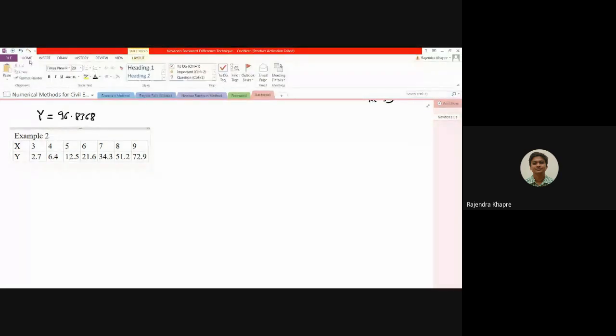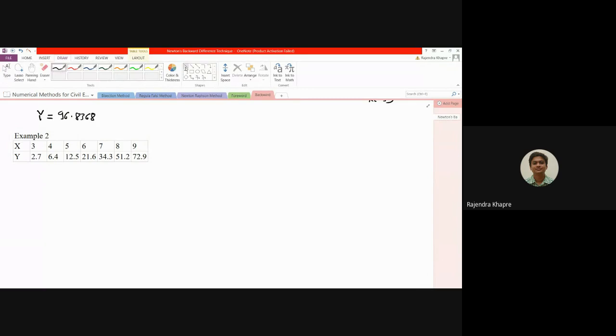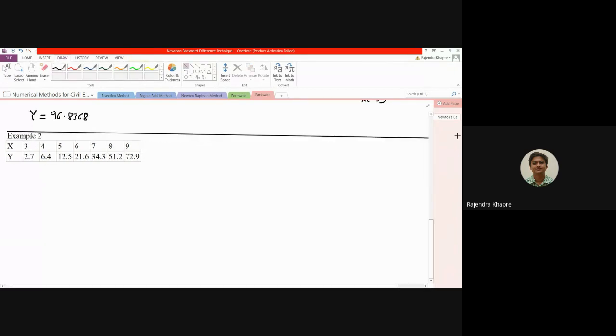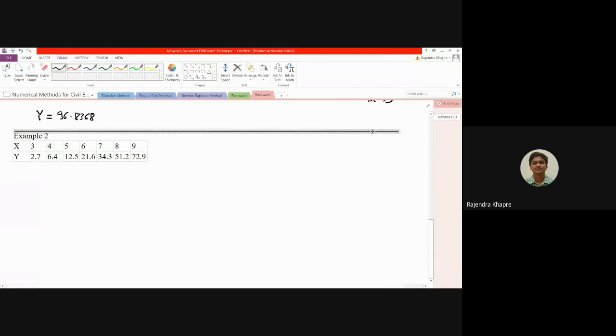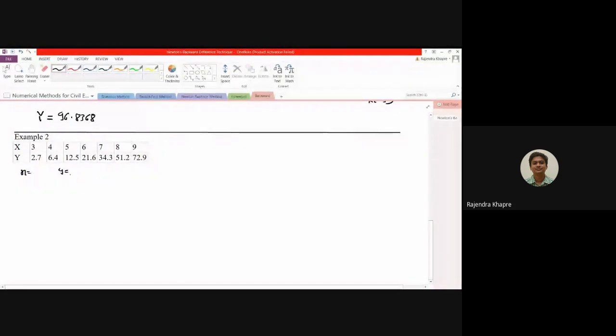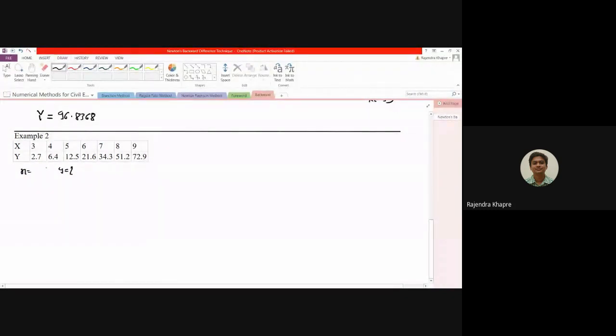In the previous problem we did interpolation only. So in this numerical, let us go for the extrapolation case. What will be the value of y when x is 1?